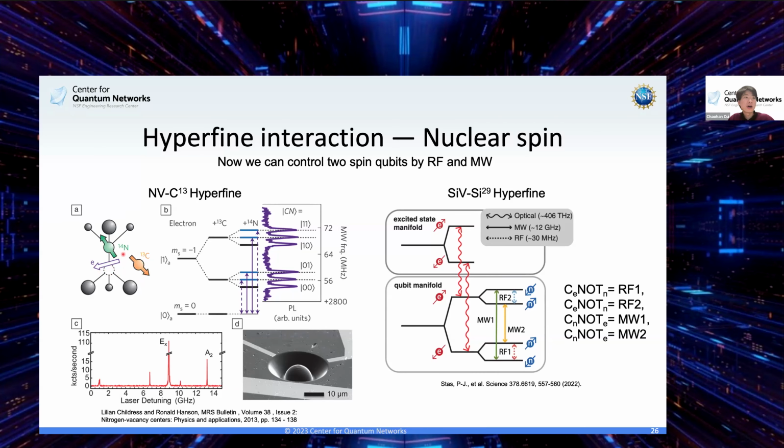But we will always still have this nitrogen-14, which also has a nuclear spin. So you can couple them together and create very interesting energy levels that you can use to program your quantum memory.